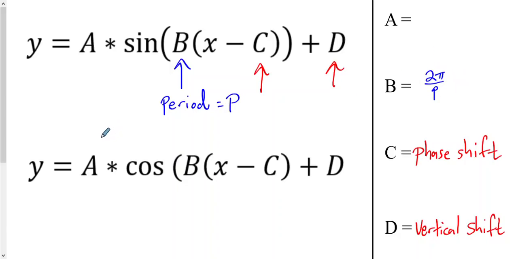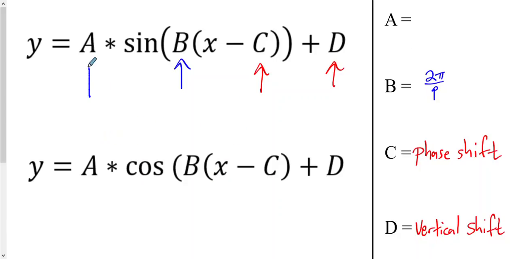What I want you to know is that the period actually changes the shape of this wave. So if this wave has a period of 2 pi, meaning that its shape repeats every 2 pi along the course of the wave, then this wave has a shorter period. Maybe this one has a period of pi over 2, where it repeats in a much shorter time.